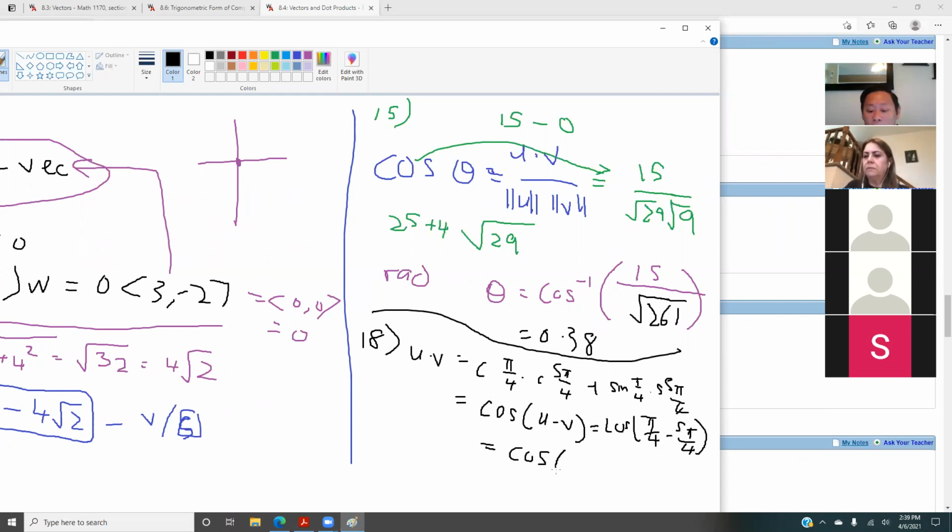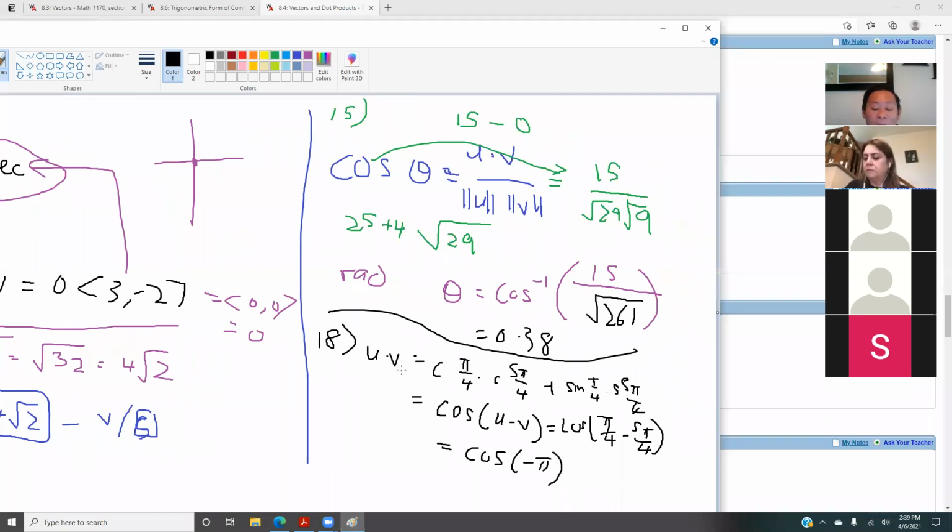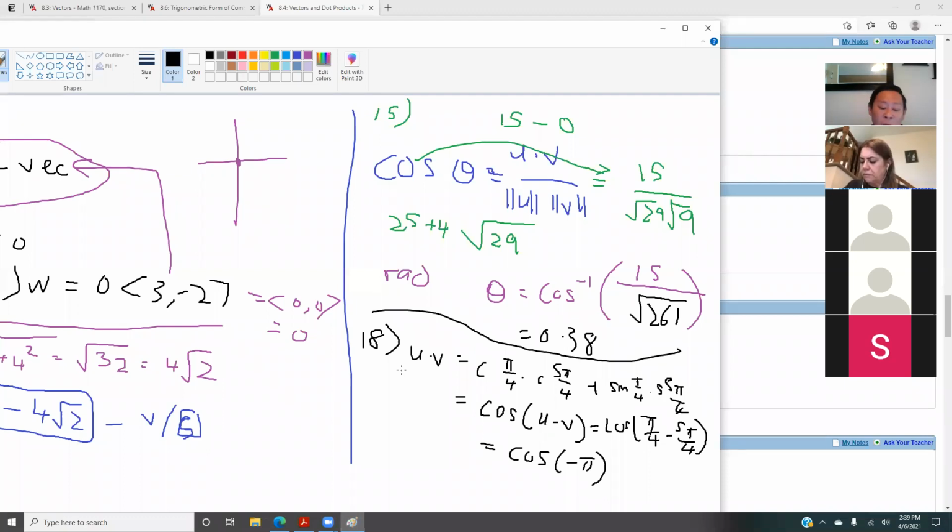Very good. And do you remember what happens for cosine if you have a negative inside the angle? Does the negative disappear, or do you put it up front? It goes away. Yep, you're correct.